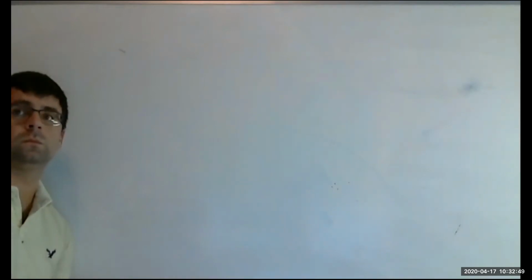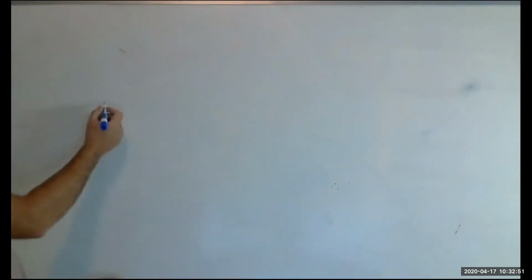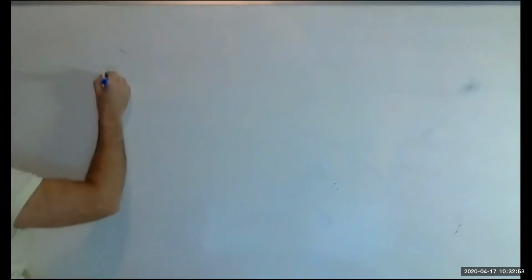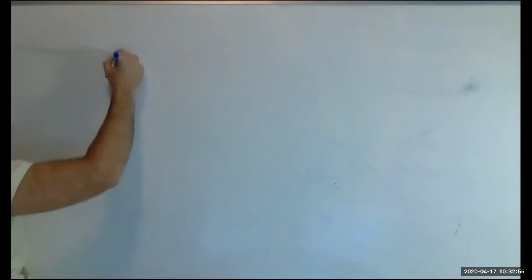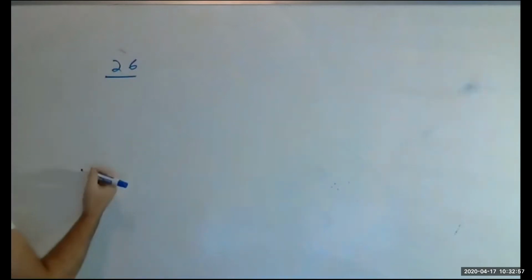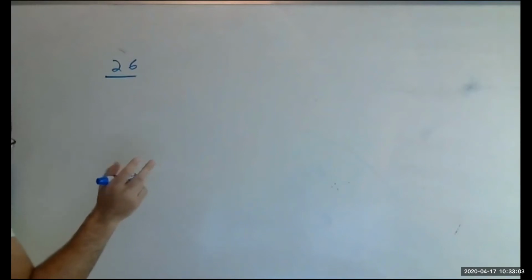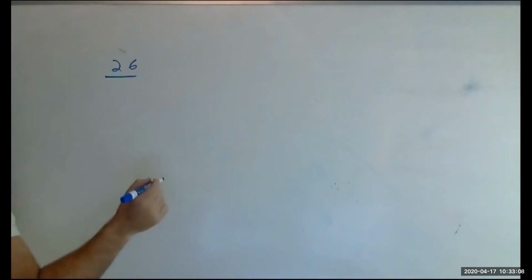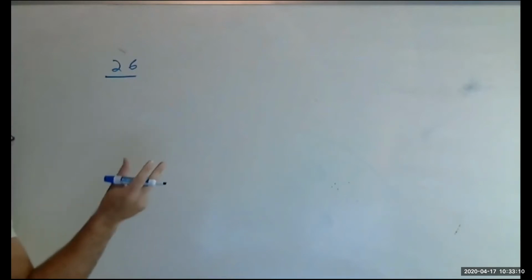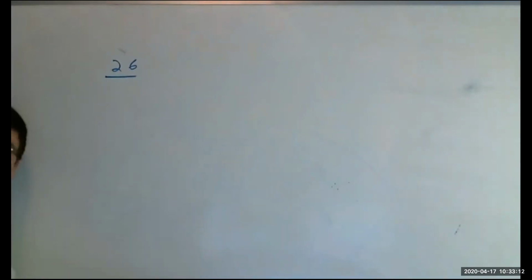Would it be 26? So if we have a single letter code, then it's 26. But it's a 2-letter code. So what do we do? How many slots are there?